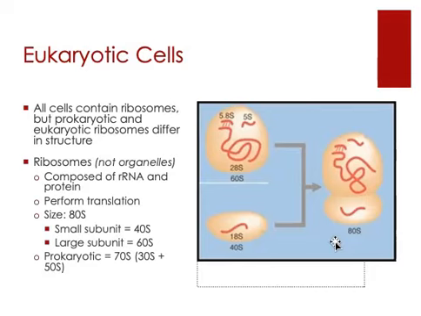It's there to perform the function of translation and to build the proteins that cells need every hour of every day. The difference between the prokaryotic and the eukaryotic ribosome is the combination of protein and the specific nature of the rRNA that's combined with that protein in the ribosome.